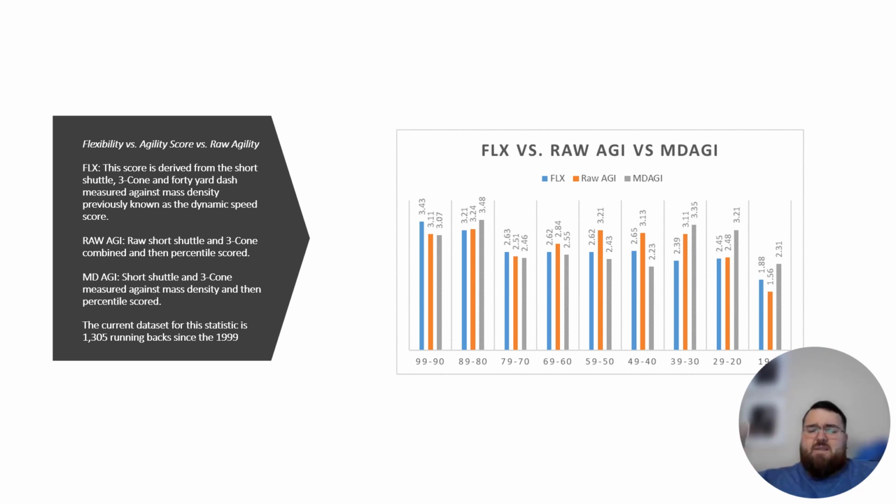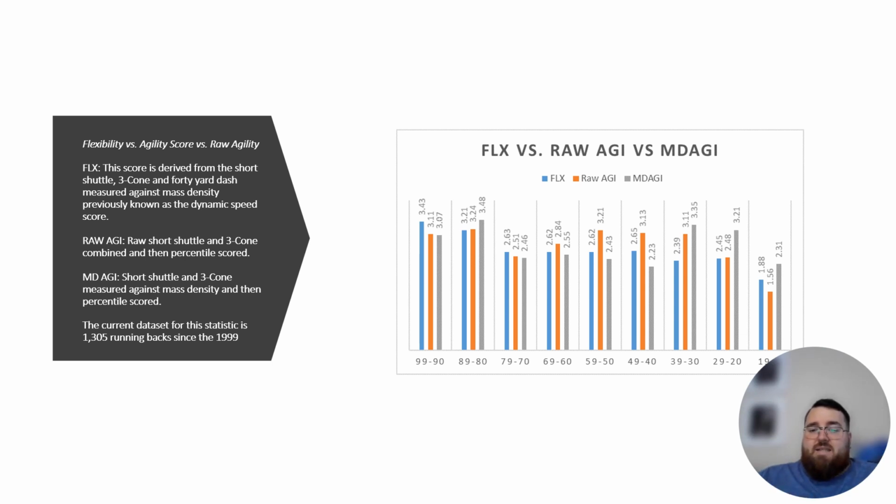So everybody that talks about, I want to look at the short shuttle three cone, when you look at the short shuttle three cone, it's more spread out. Just because you have a high short shuttle three cone doesn't mean you're going to be an elite running back at the next level. I mean, yes, it's going to increase your level there, but when you just look at the raw agility scores by themselves, not looking at mass density, there's not much of a difference between being an average agility guy versus an upper end agility guy when you look at the raw numbers at face value.